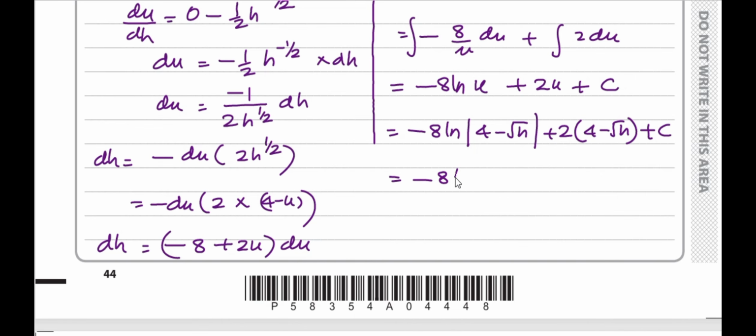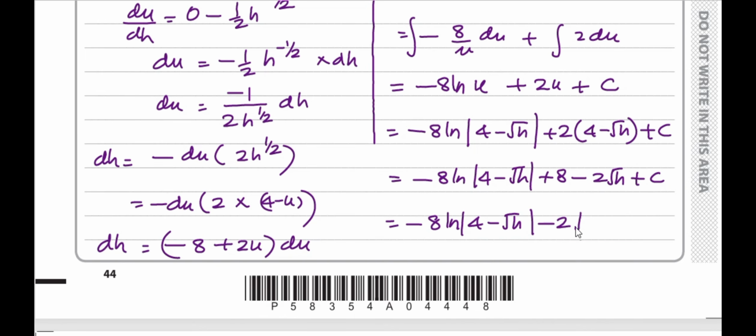Minus 8 ln(4 minus square root of h) plus 8 minus 2 square root of h plus c. There are two constant terms here, 8 and c. Let's combine them. That is equal to minus 8 ln(4 minus square root of h) minus 2 square root of h plus k, where k equals 8 plus c. That's it.